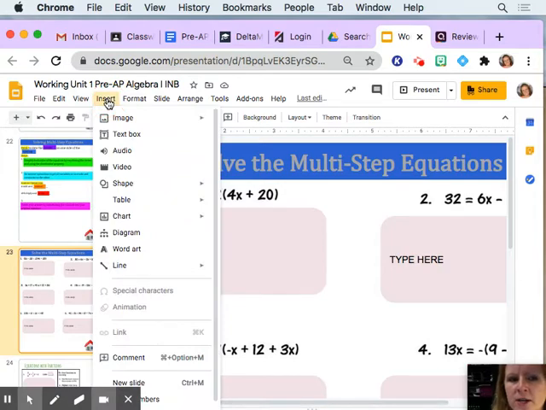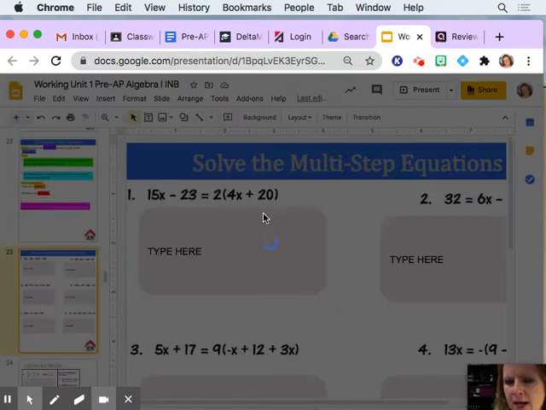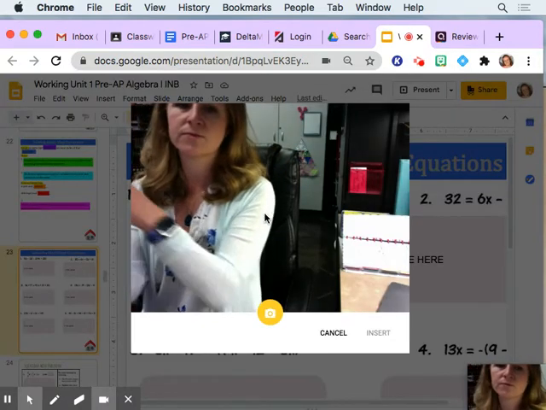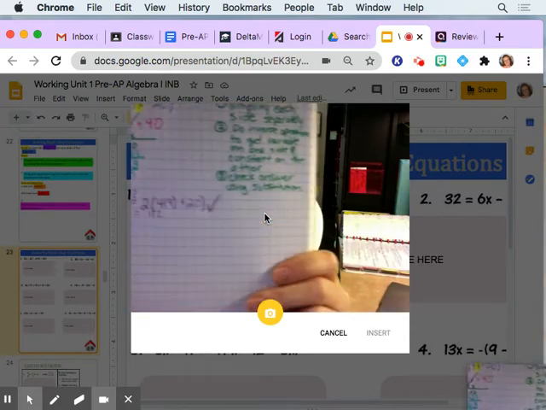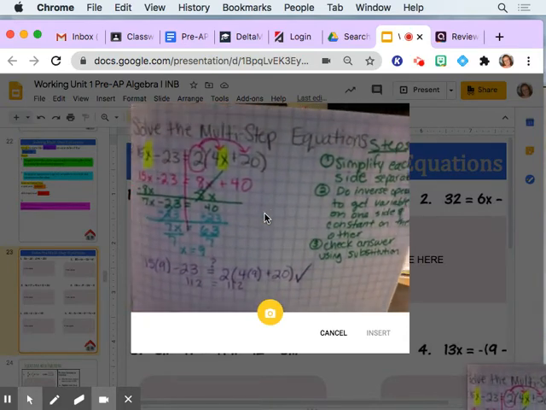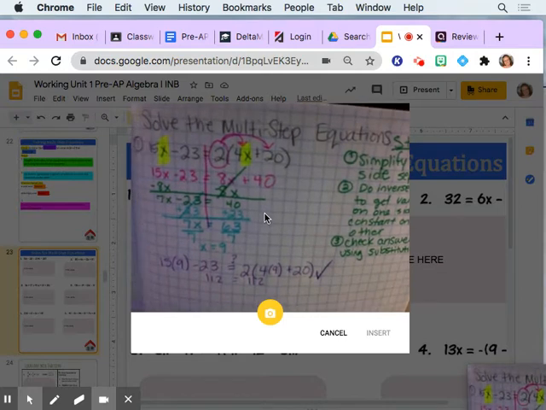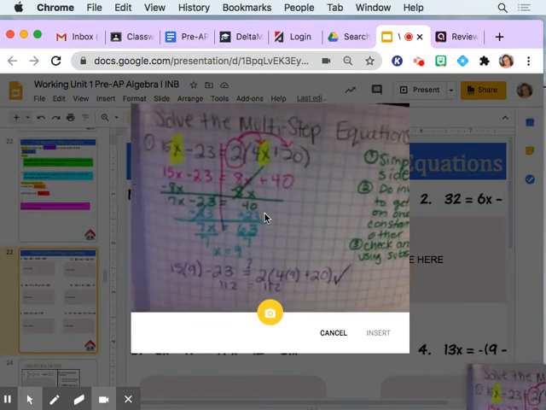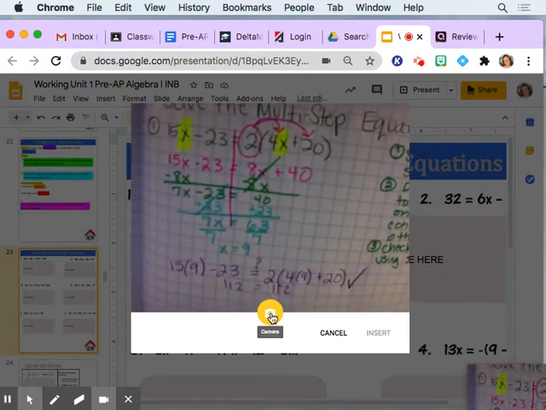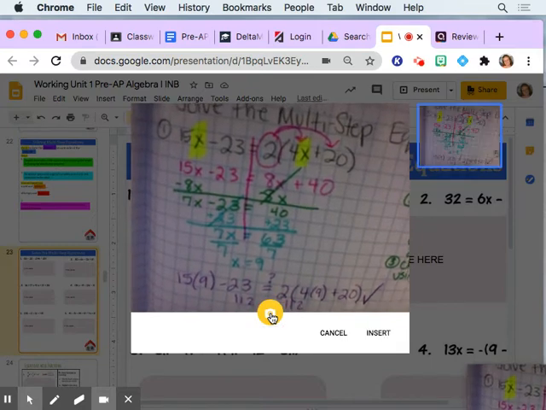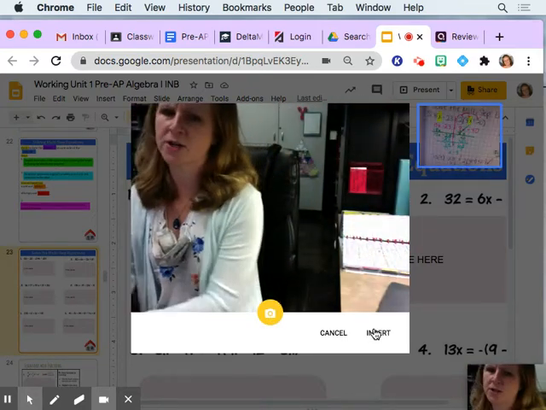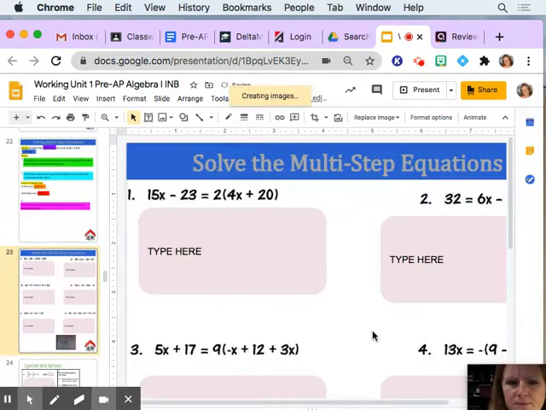So go insert, image, camera. Take a picture of it and click insert. Google found me out and it's saying my password is incorrect. You know what? Click forgot password, and then you can click.